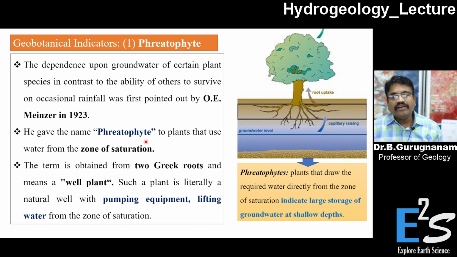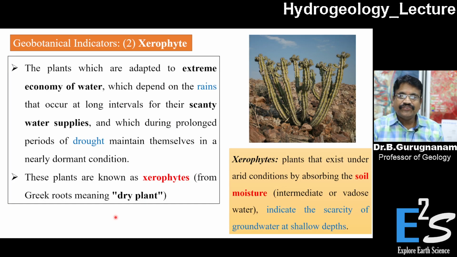He coined the name phreatophyte. It normally takes water from the zone of saturation. The term is obtained from two Greek roots and means a well plant. Such a plant is literally a natural well with pumping equipment, lifting water from the zone of saturation. This is the history of phreatophyte.